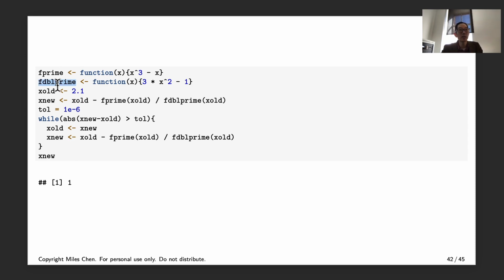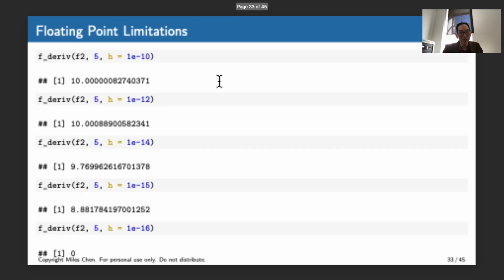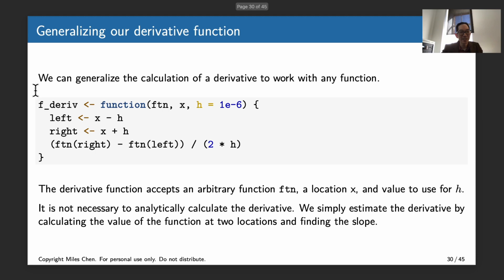And same with the f double prime. Your second derivative, you can just apply the function to itself here. You can just say, all right, I need to figure out the second derivative. Well, just take your derivative approximation function and plug it in here. And then you get, what is my derivative approximation on the right-hand side? What's my derivative approximation on the left-hand side?